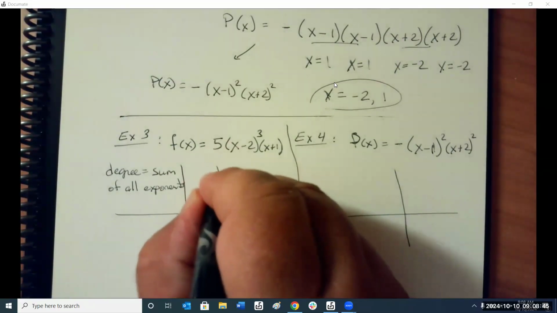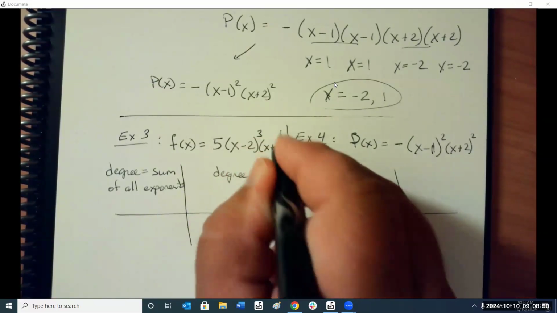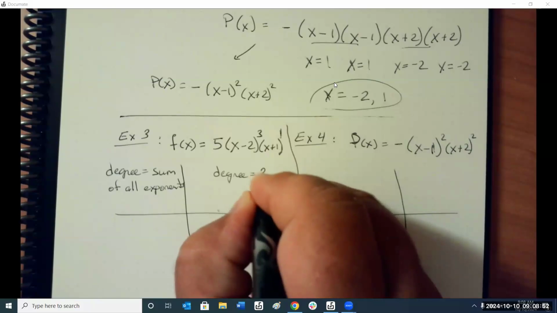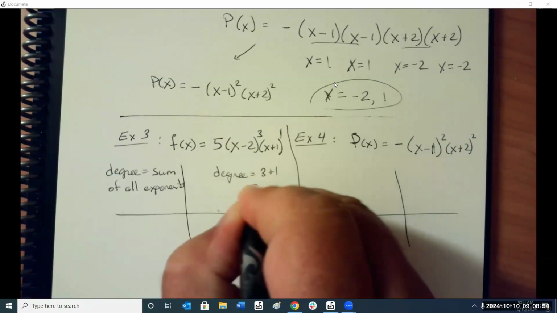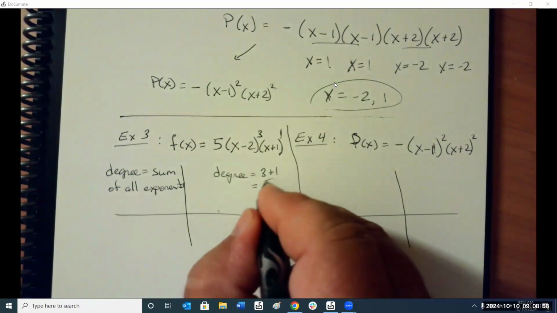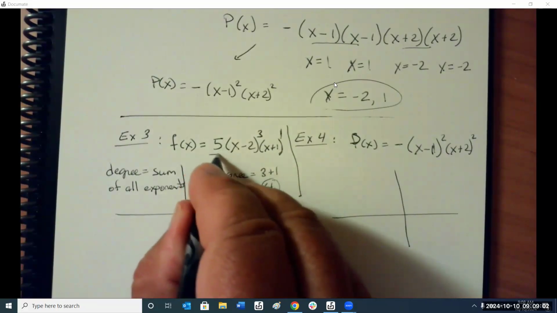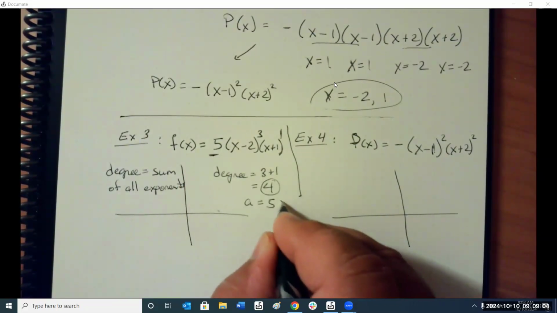So the degree of this equation is 3 plus 1, so the degree is 4. A is the leading coefficient, which is 5, which is positive.